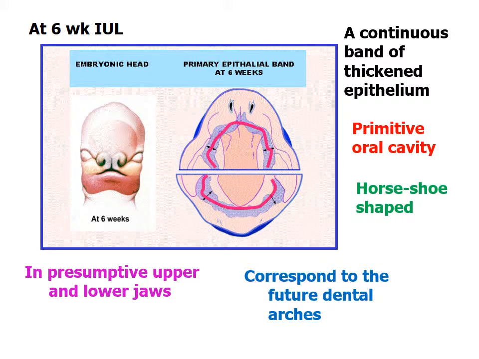As a result, at 6-week intrauterine life, in the primitive oral cavity, there is a formation of a continuous band of thickened epithelium, which is horseshoe-shaped, in the presumptive upper and lower jaws corresponding to the future dental arches.